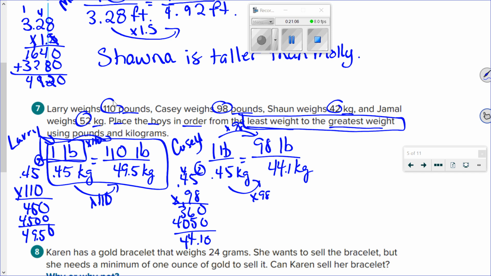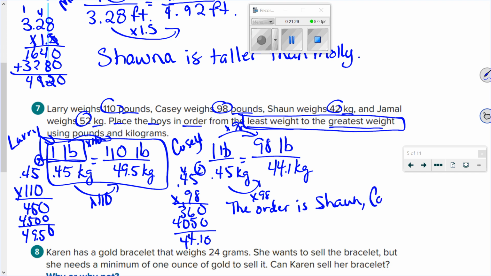Now that I've got them all converted, I can actually answer our question, which is putting them in order from least to greatest. So what number was the least? Okay, so the order is Sean, because 42 was the smallest. Then who?